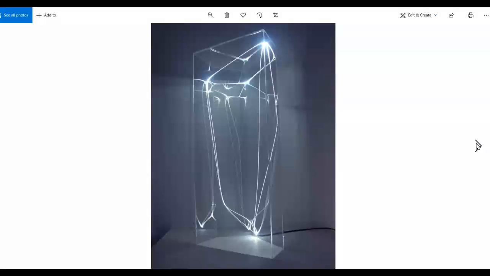We also have works like this plexiglass form, where the pieces are almost non-existent. They take up very little space. They're almost, well, they are transparent, some of these, and the only way we can really see this form is from these lights that are catching the edges here, where there is a connection.